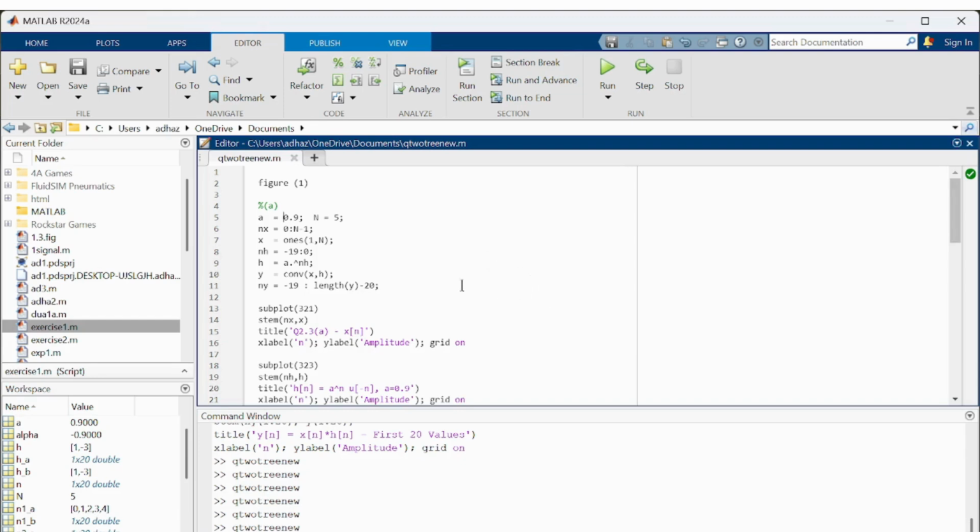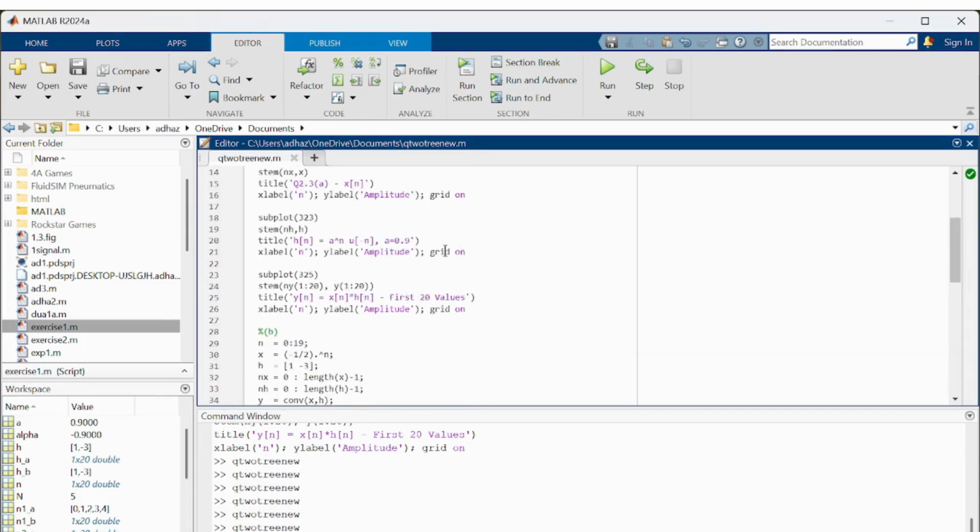The length of y from convolution is 5 plus 20 minus 1, which is 24. So ny goes from negative 19 to 4, giving us 24 values in total. We then plot only the first 20 values using ny(1:20) and y(1:20).